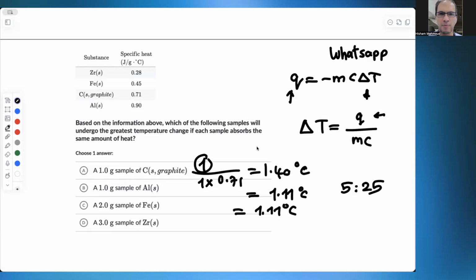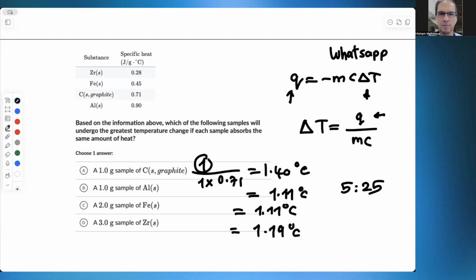Be careful, this question is a bit tricky. Who gets the answer? Anas gets the answer as A. Yeah, that's the correct answer, Anas. Thank you. And the last one is 1 over, this time 3 grams of ZR, so 3 times 0.28. 3 multiplied by 0.28 is 0.84. 1 over 0.84 is equal to 1.19.